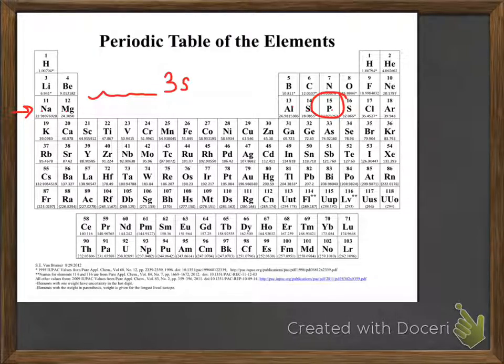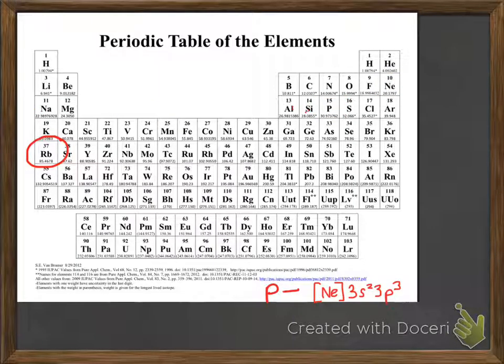So 3s2, 3p3. Now, if I know noble gas notation, guess what else I can do? I know that it has everything neon had plus 3s1, 3s2, 3p1, 2, 3. So I can write the noble gas notation for phosphorus without counting a thing. Holy smokes! This is the best party trick ever!